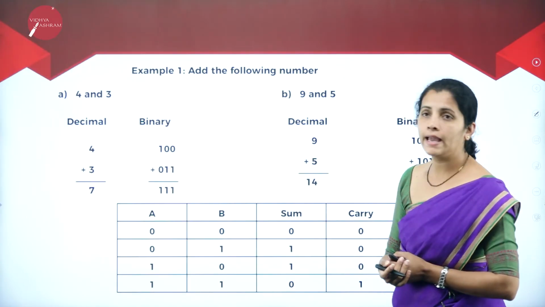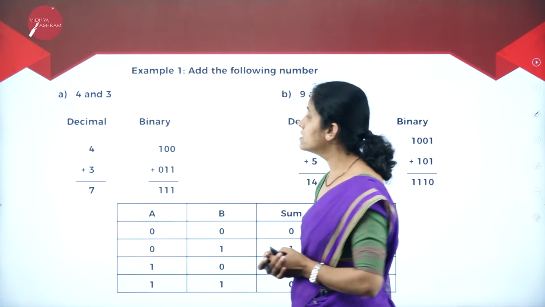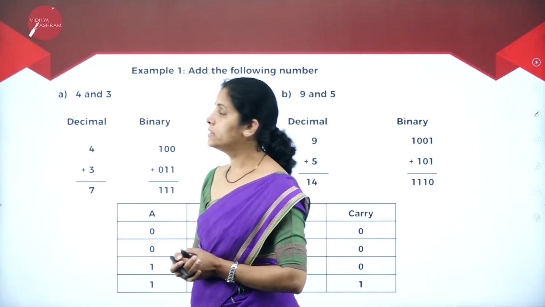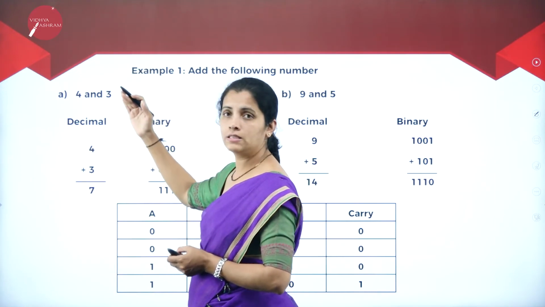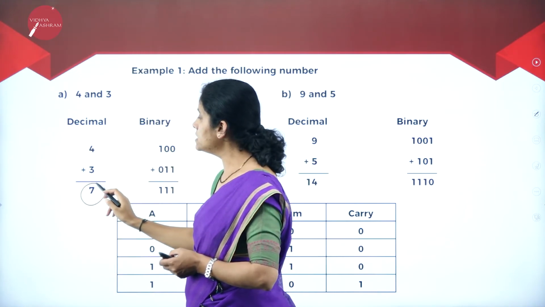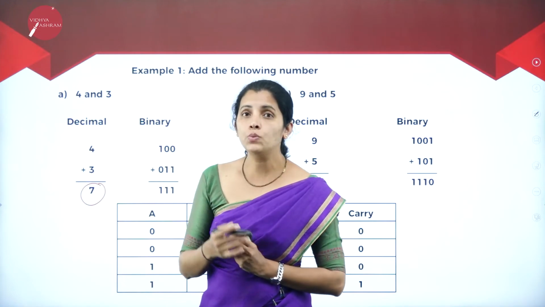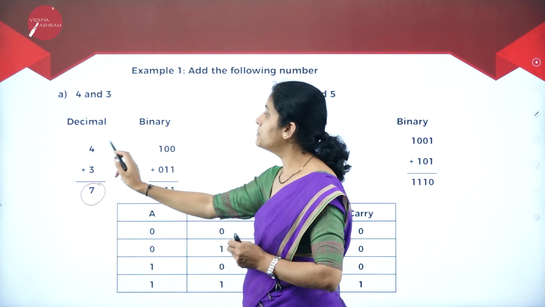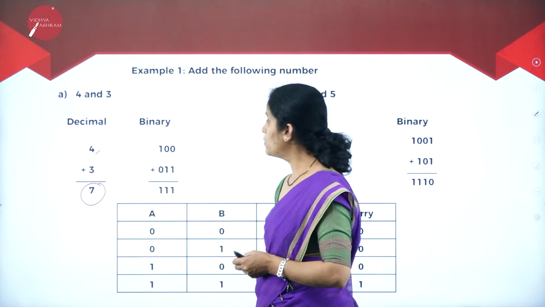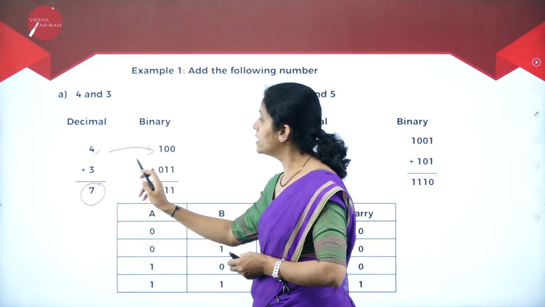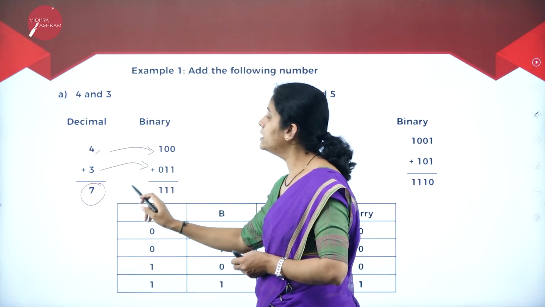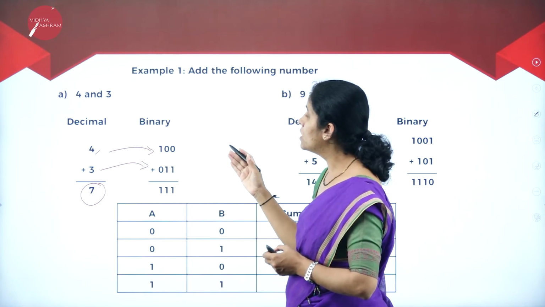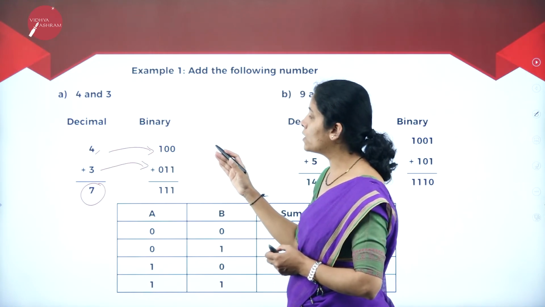Now consider the example here, that is I am going to have 4 and 3. That means I want to add 4 plus 3. What is the result? It is 7. So first, what I want to do, I want to write the binary equivalent. This is my decimal number and I am going to write the binary equivalent. After converting decimal to binary, I am having 100 plus 011.